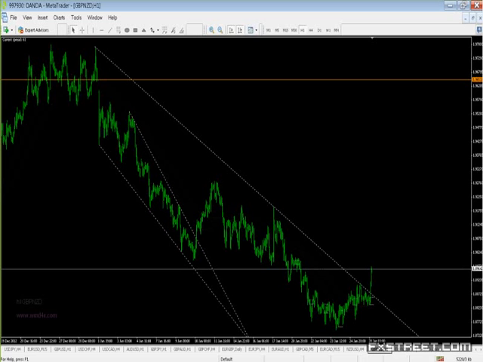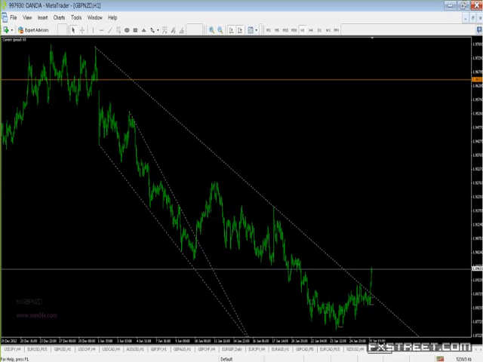So whether you're looking at cable, whether you're looking at GBP JPY even, although GBP JPY has been about yen weakness, but the pound hasn't been able to carry as much momentum as the other crosses against the yen. Whether you're looking at the pound Aussie, pound Swissy, we've seen a lot of general weakness in the pound itself.